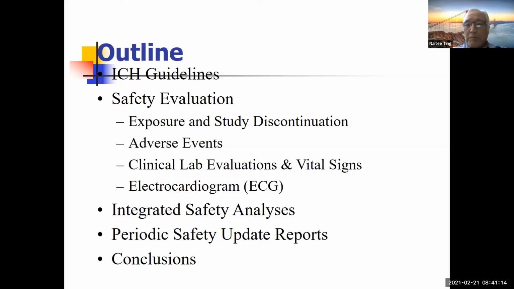The patient has to feel a possible AE so that they can report it, and then the physician has to be able to observe it, and that's an AE. But lab, vital signs, and ECG are what we call objective findings. These data are collected from some kind of equipment or device.